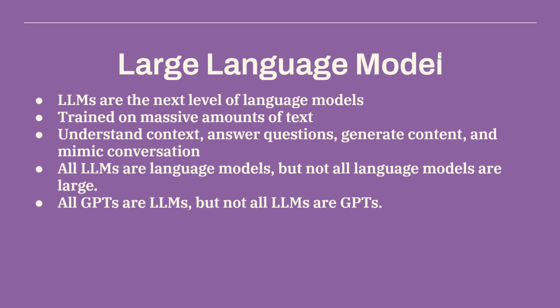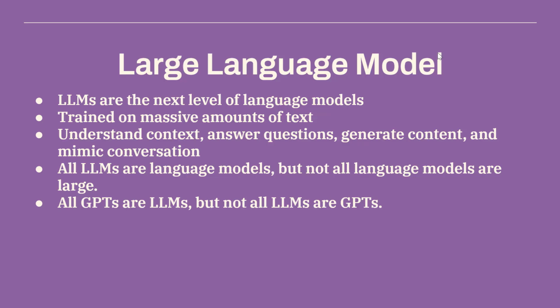Now, the next level of language model is LLM because they are trained on a massive amount of text. That's why we have large. Obviously, if you study more, you will get more knowledge. So now the neural language models are trained with a huge amount of data and become so knowledgeable that they can answer anything. And that model is basically LLM.